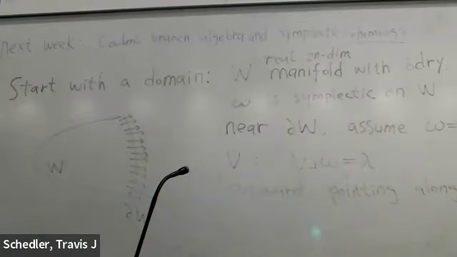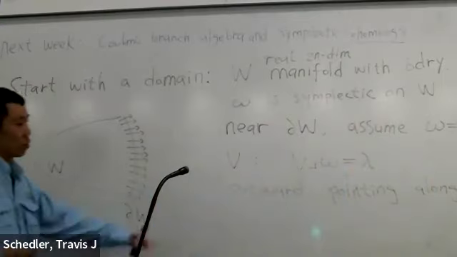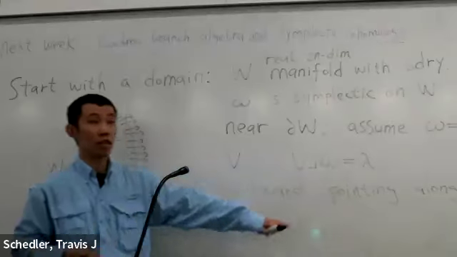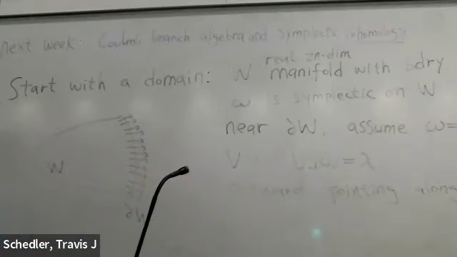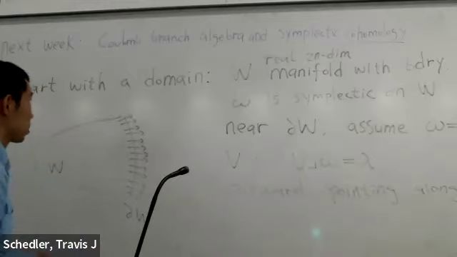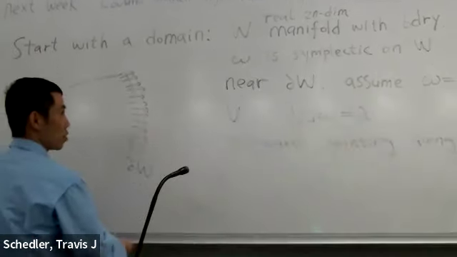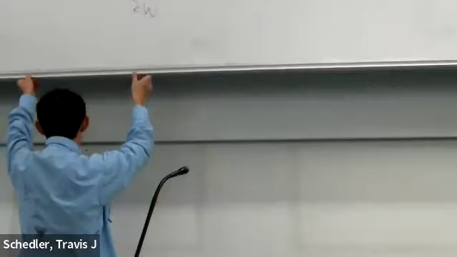Sometimes we also call this outward pointing condition that the boundary is convex. So why? Maybe the next example, let me just give some examples.